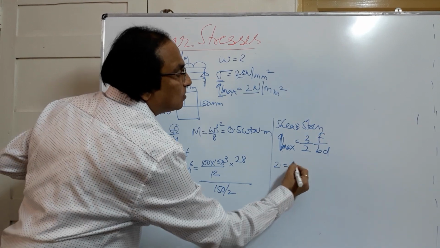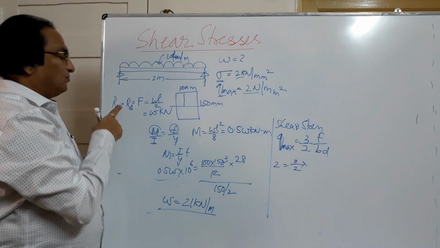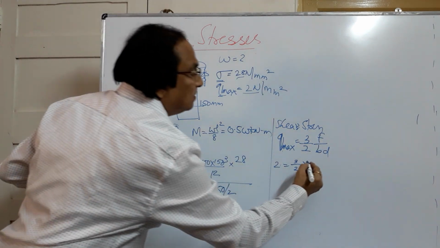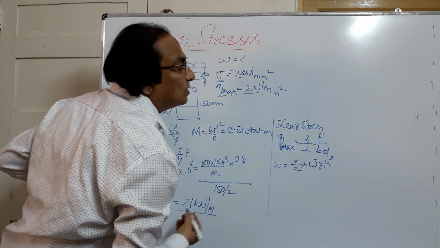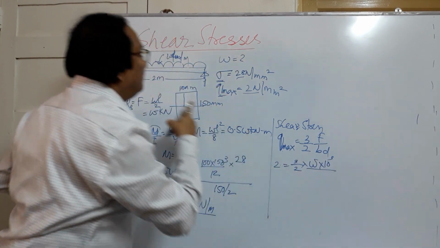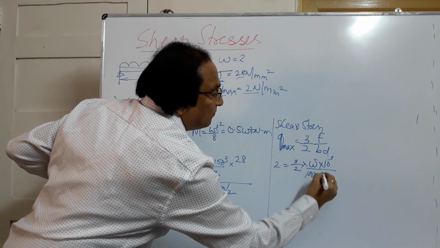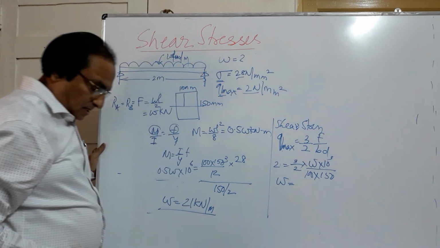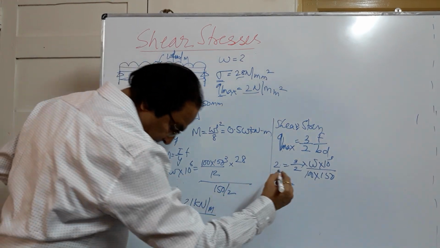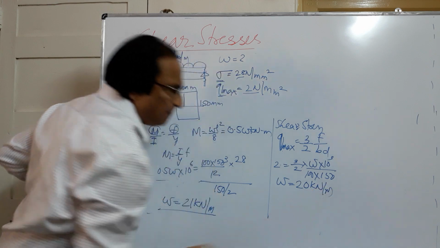So this must be equal to 3 by 2 into F, shear force acting is nothing but W into 10 to the power of 3 to convert it in Newton, divided by B is 100, D is 150. If you simplify this, you get the value of W as 20 kilonewton per meter.